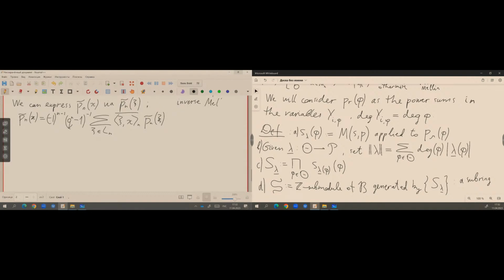Mellin transform. Or in other words, the orthogonality of characters over n. Okay.